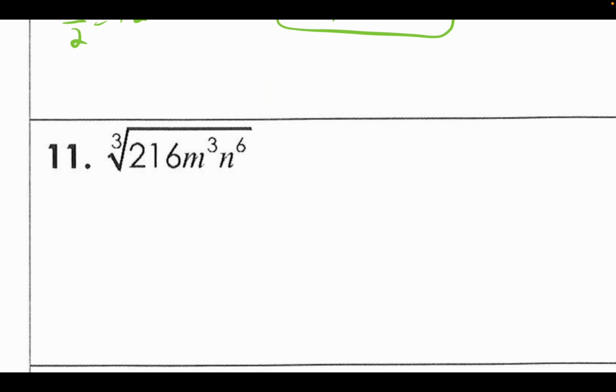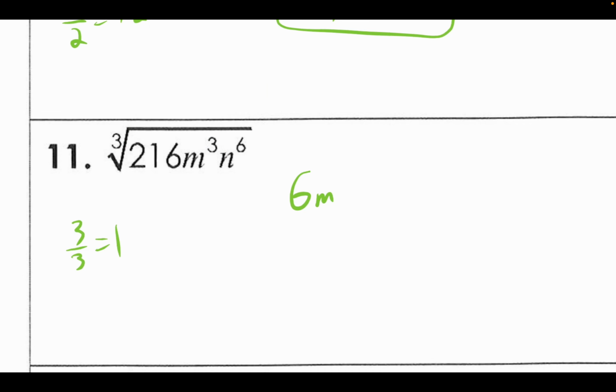So on number 11, cube root of 216, m to the third, n to the 6th. Well, cube root of 216, that's actually a perfect square. It's just 6. For m, you do exponent divided by root, our index. So 3 divided by 3 is just 1. So m to the first, with no remaining.